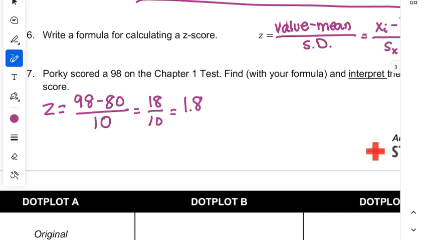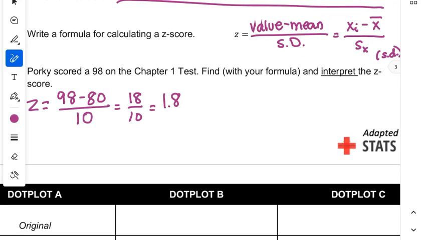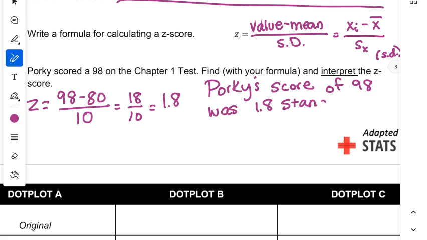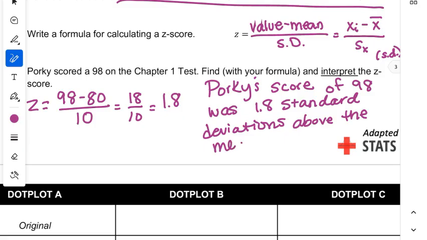If it was negative, we'd say below the mean. So we write: Porky's score of 98 was 1.8 standard deviations above the mean of 80.